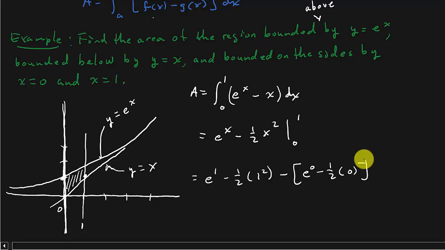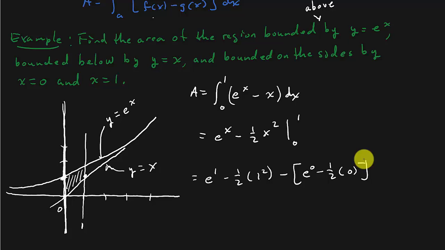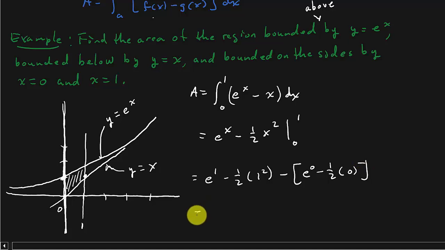And then whenever you calculate that, you end up with e, and then that's going to be, let's see, e minus 1.5, because you'll have negative 1/2 minus 1.